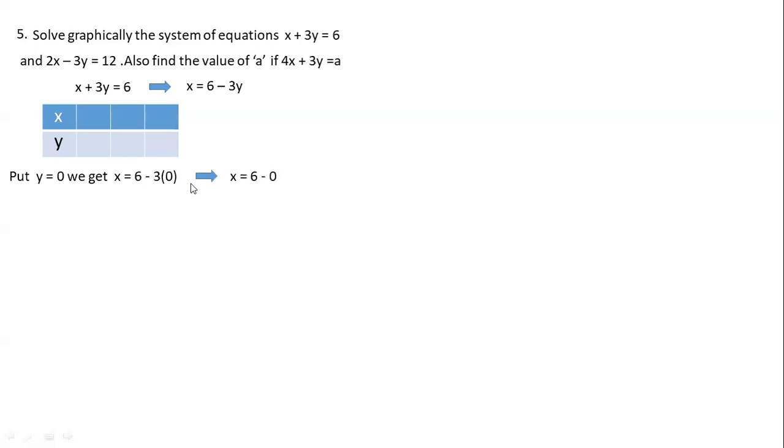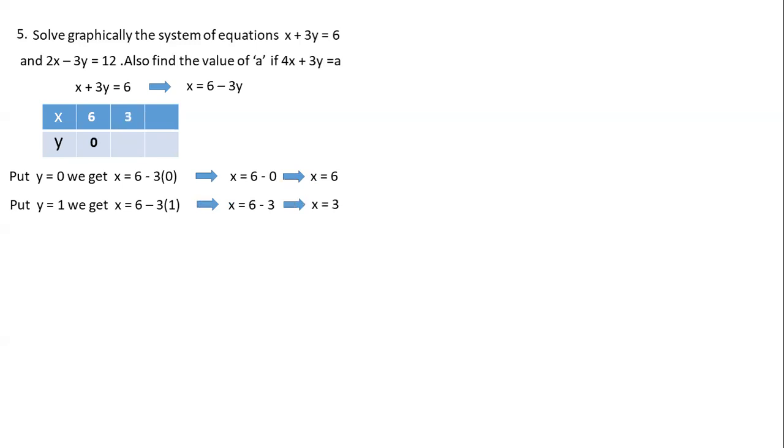X is equal to 6 minus 3y. Let's make the table x, y. Put y is equal to 0. Y is 0, this is 0, so x is equal to 6. So here y is 0, x is 6. Y is 1: 6 minus 3 into 1 implies 6 minus 3, that is 3.